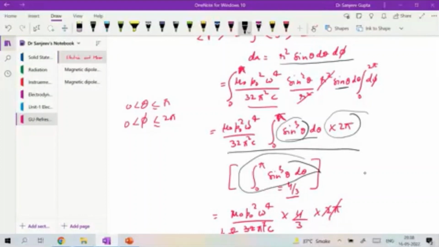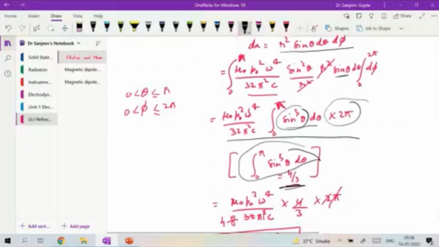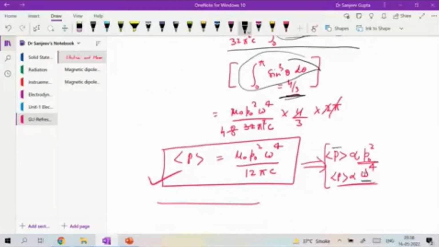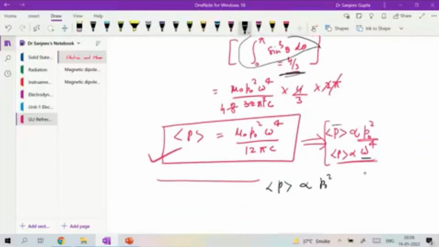If you solve, it gives 4 by 3. Once you put in the expression, you will get that the total power radiated is mu 0 p0 square omega to the power 4 over 12 pi c. It is very remarkable that P depends directly upon p0 square and also omega to the power 4. Always remember this.